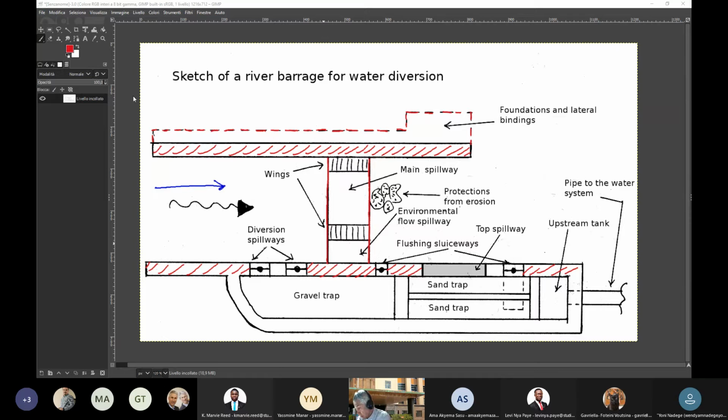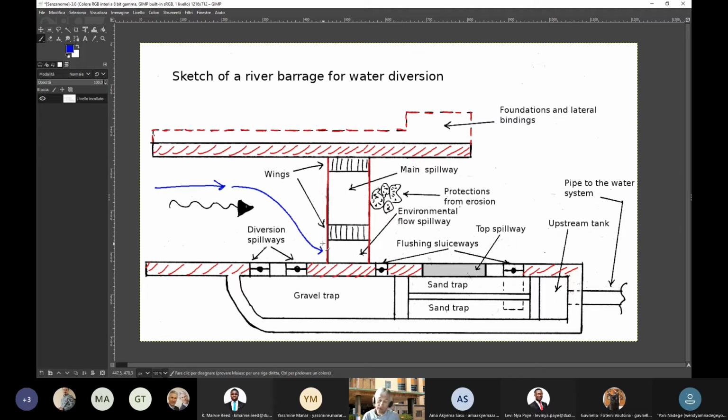the environmental flow spillway. So when you have just a small amount of water, a very low water flow, the water goes towards the part of the barrage that is placed at the lower elevation.